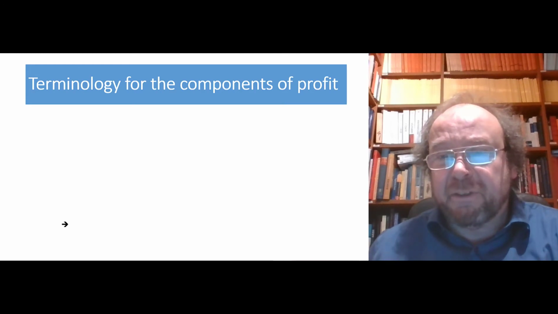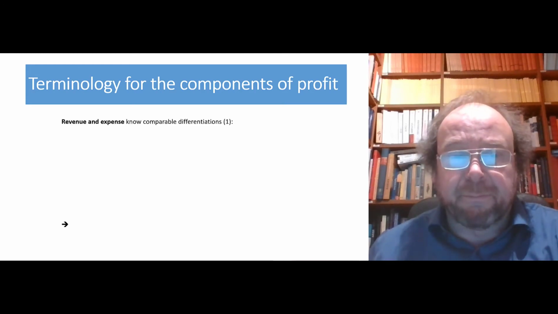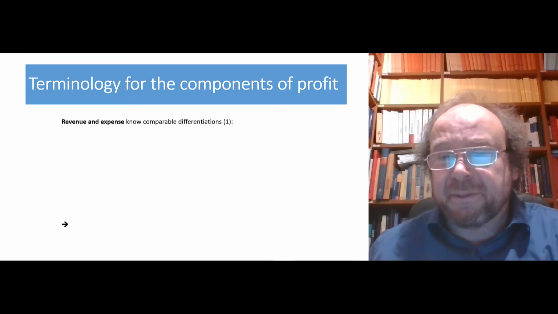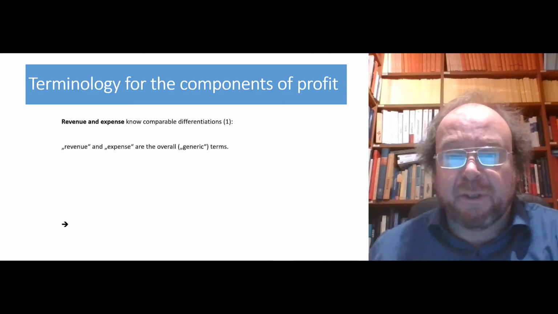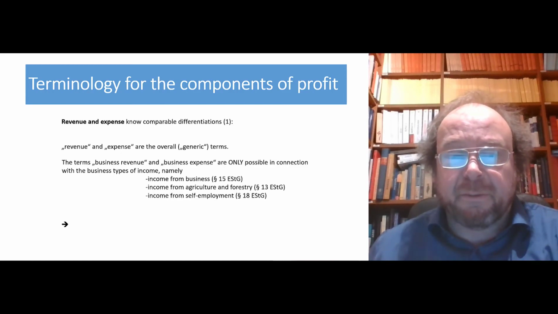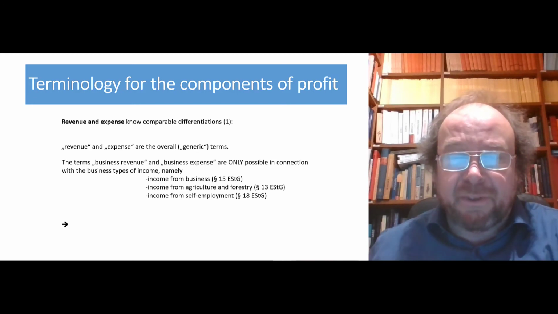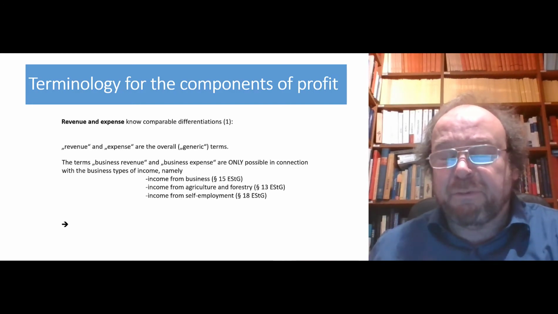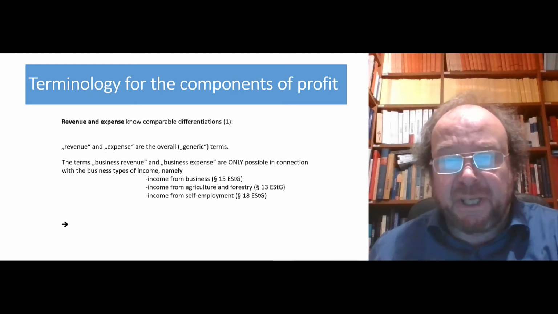For the different components of the profit, revenues and expense again, you also have some differentiations in the terms. Revenue and expense are the overall terms. If you go to the types of income numbers 1, 2, and 3, then we speak of business revenue and business expense.